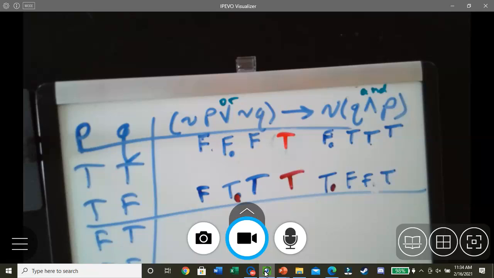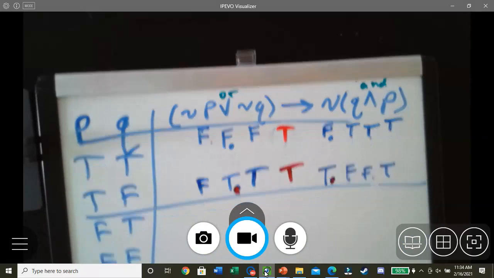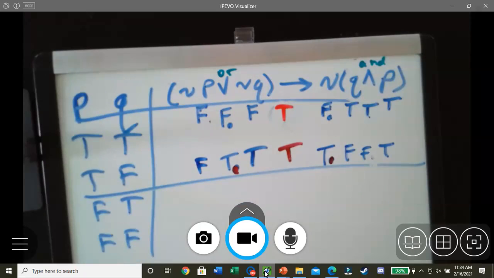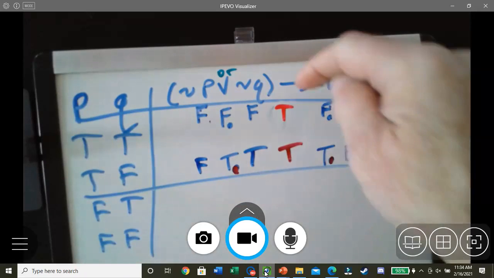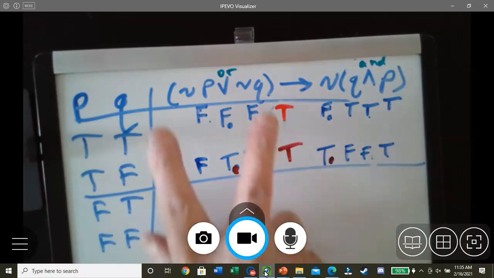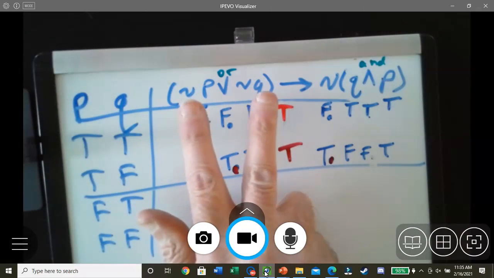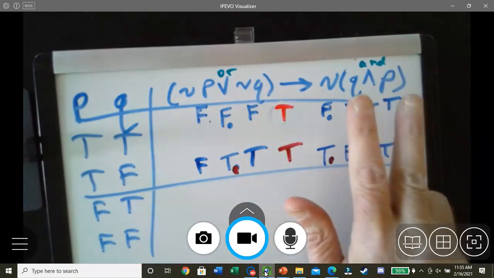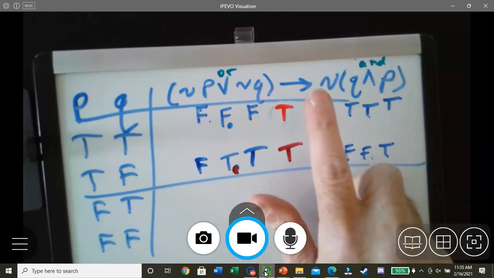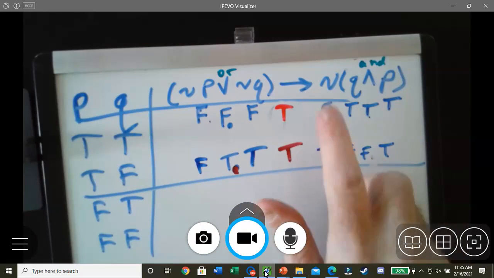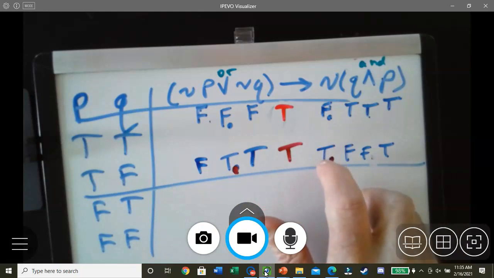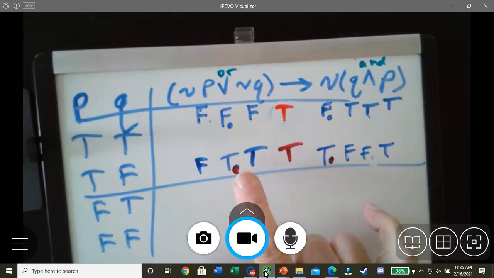Questions? All right. I want you to go ahead and do the next row. Yeah, the final answer is the arrow. So you're doing the parentheses, right? Parentheses, but then this has got a not outside of the parentheses, so this one is going to be one of the things that you're going to look at.